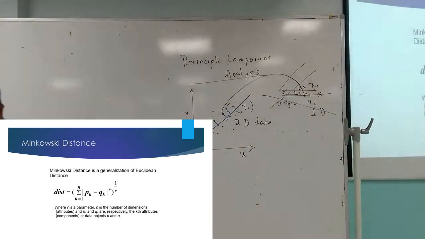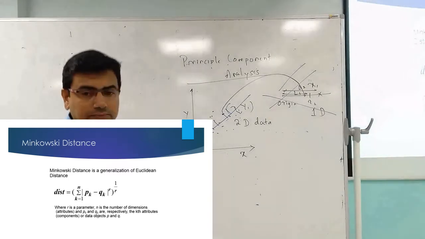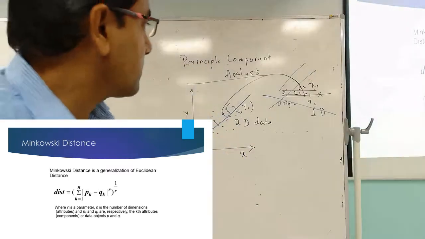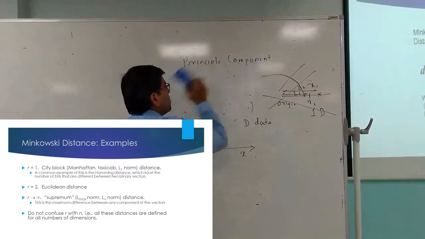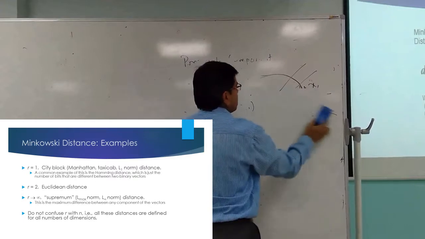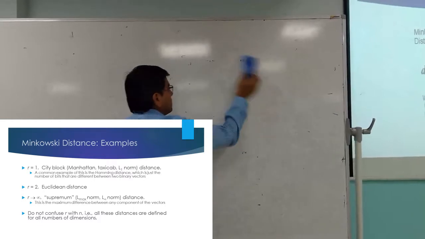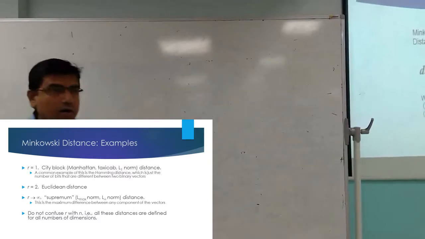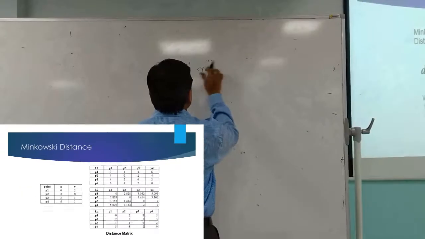So this is the equation, and R you have to set to 1. What will happen when R equals 1 in this case?